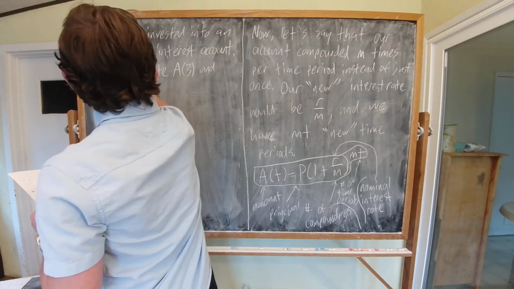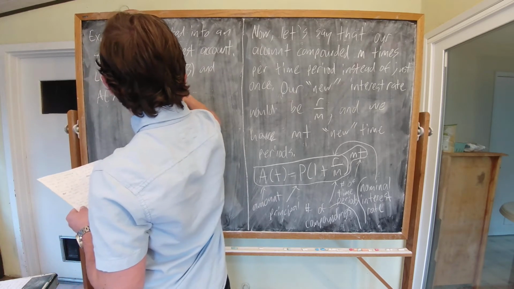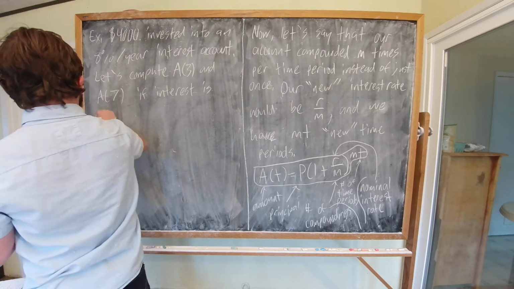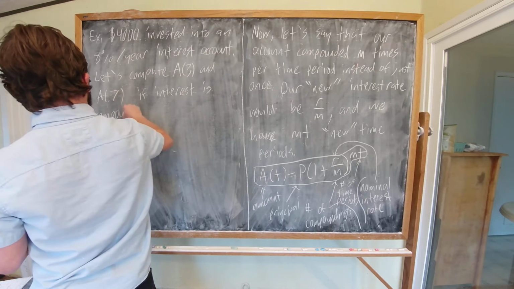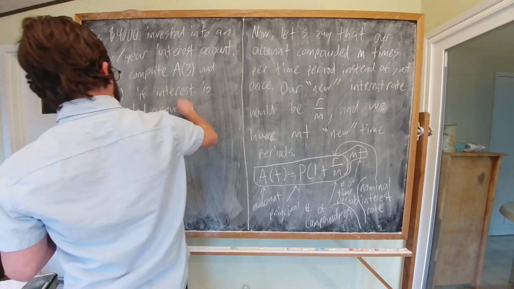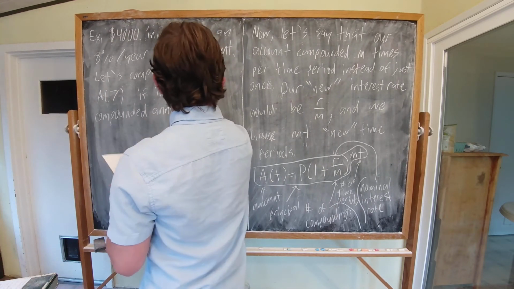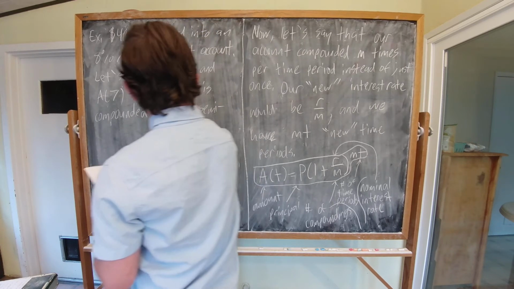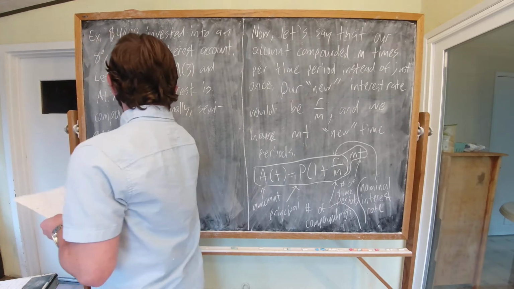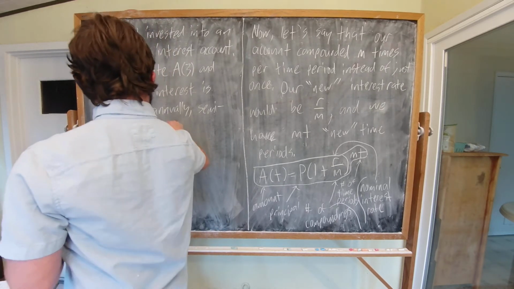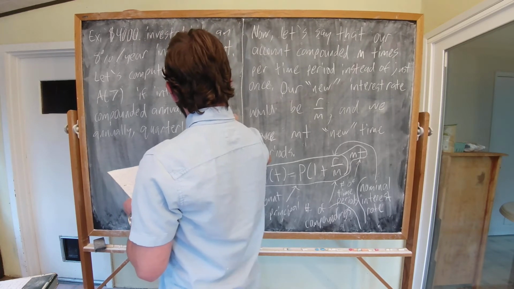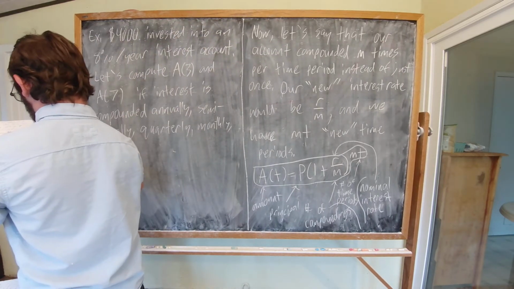So if interest is compounded annually, semi-annually, twice a year, quarterly, monthly, and daily.